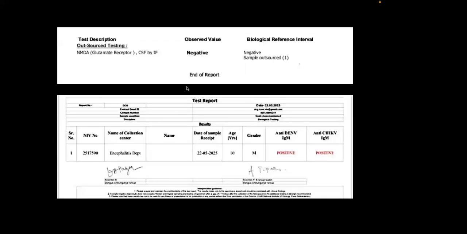Is there progression in disease, or are there any findings of autoimmune encephalitis? And as Vishal already mentioned, these are the recent tests. So NMDA has come negative and IgM positive for dengue and chikungunya. Vishal, any specific question? Yes, sir. Sir, do these imaging findings fit into chikungunya?